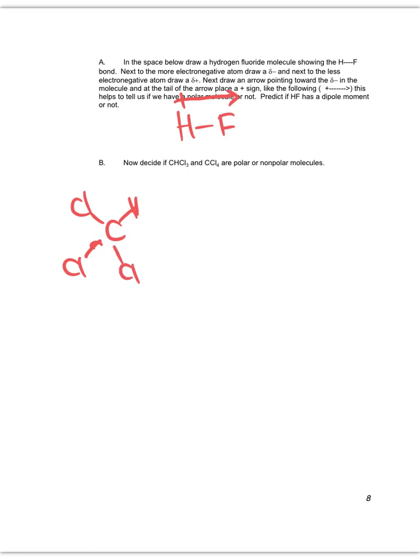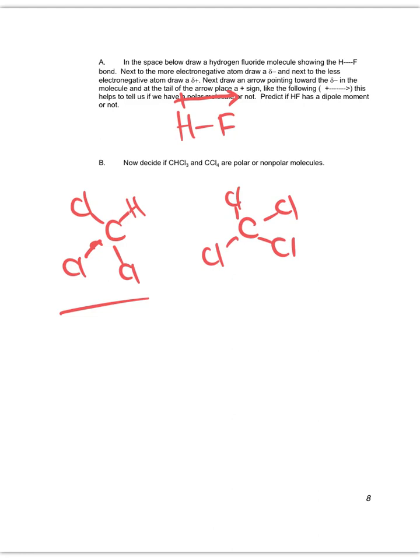Chloroform and carbon tet, while they both have bonds between carbon and chlorine, the chloroform is a polar molecule because while each of the bonds from the carbon to chlorine are pulling towards the chlorine, the bond to the hydrogen, which was poorly drawn, is not as polar because the hydrogen's not near as electronegative as chlorine.